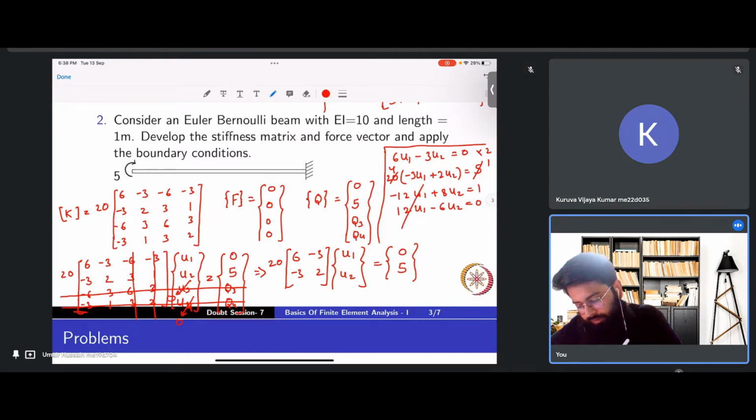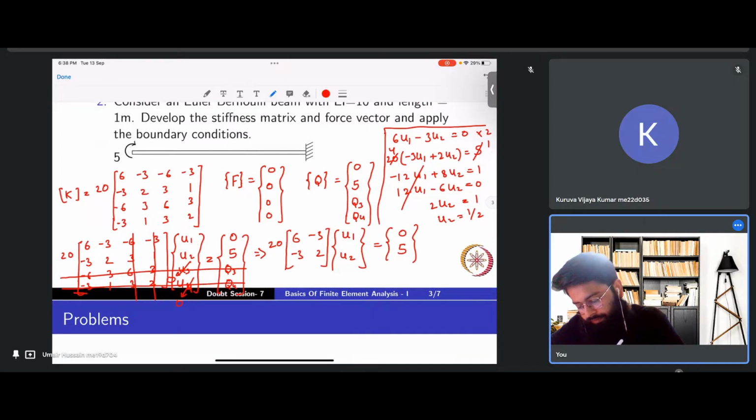So this cancels, we get 8 minus 6, 2u2 equals 1, u2 equals half. And so u1 becomes, substituting this value in the first equation, we get 6u1 equals 3u2, that becomes 3 times half. So u1 is equal to 1 by 4.